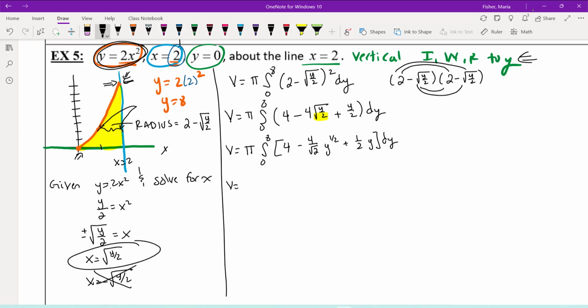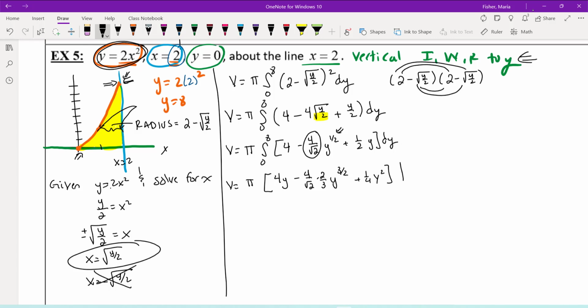Now let's integrate. The integral of 4 is 4y. 4 over the square root of 2 is a constant multiplier that multiplies along. We add 1 to 1/2. Since that's a fraction, instead of dividing by 3/2, we're going to go ahead and multiply by the reciprocal of 3/2, which is 2/3. And then here I'm going to be dividing by 2, so that makes it just 1/4 y squared.